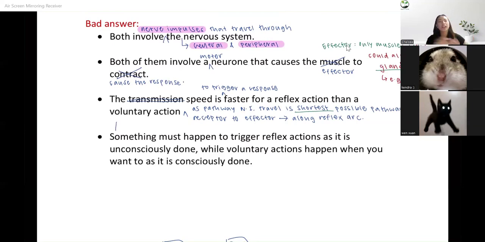You guys want to give it a try? So why do you think, if not for speed, your reflex action is usually faster than your voluntary action? Any guesses? You can just try. If it's wrong, only I will know, right?